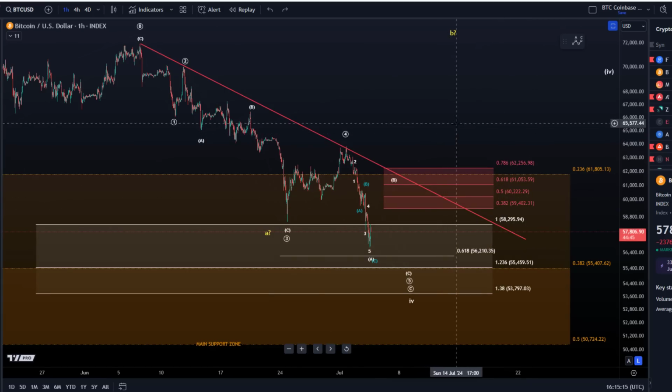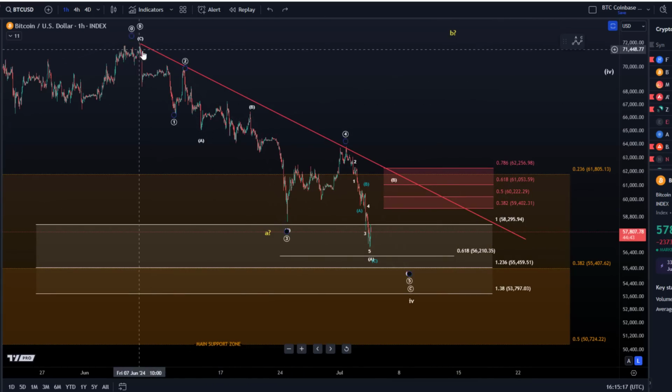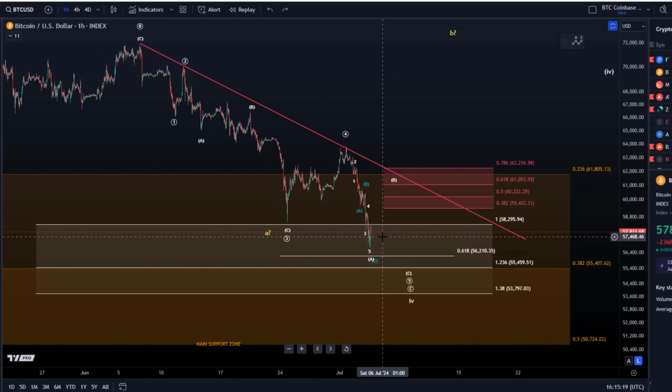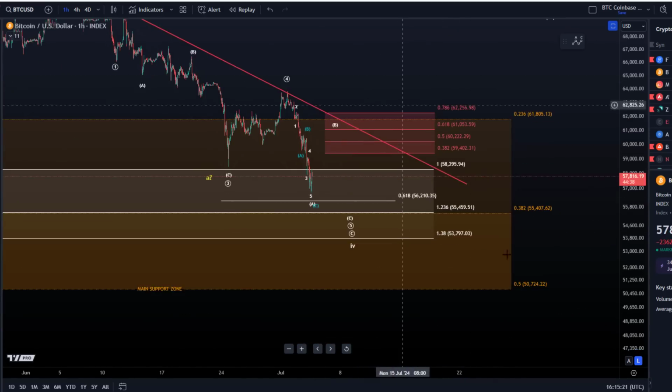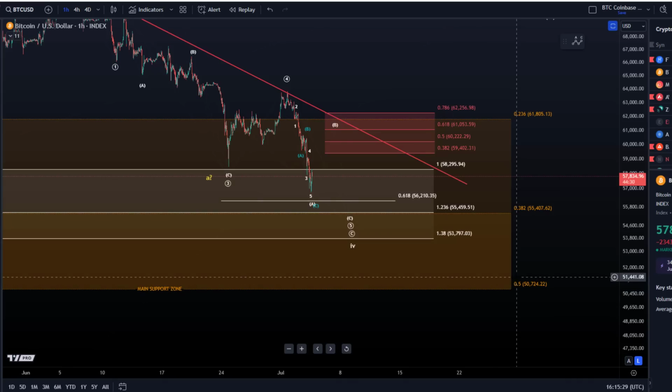But it is very important to note that the micro action is bearish. And if we break below this support zone, below 50,700, then in my interpretation the larger time frame will also get bearish. That doesn't necessarily mean a new bear market, but it means that either the current bull market will be very much extended, or at least we have to expect some more morphing, transformation of wave counts.